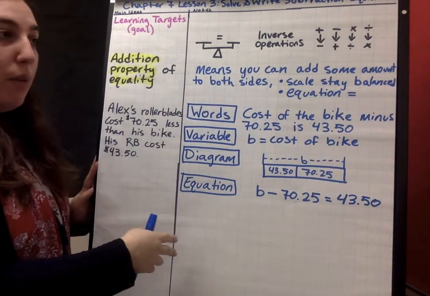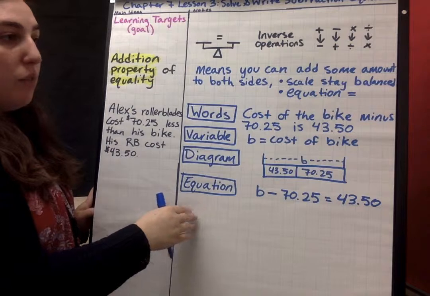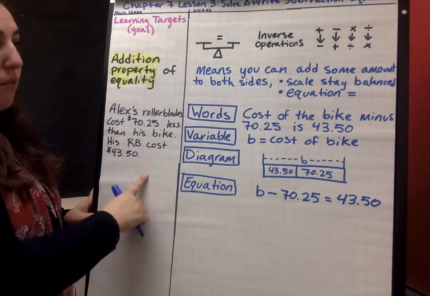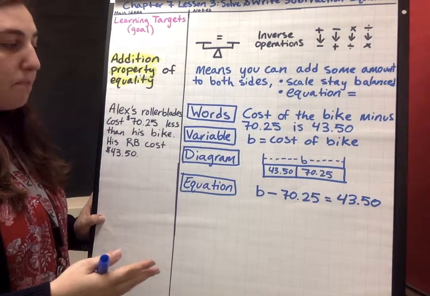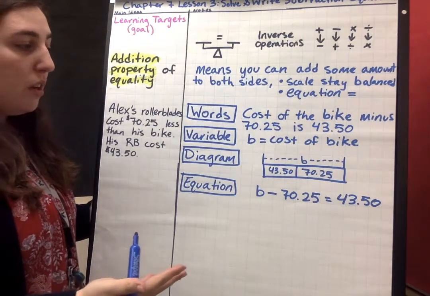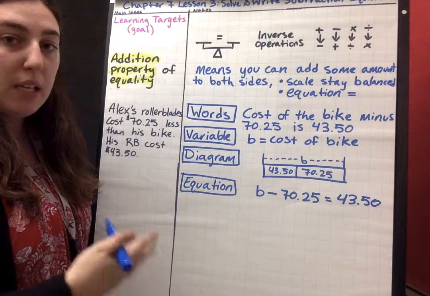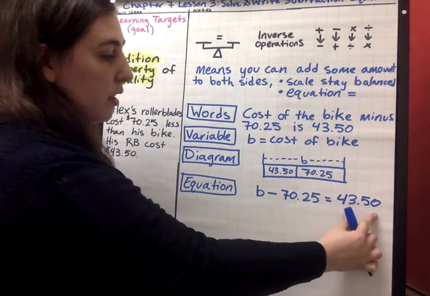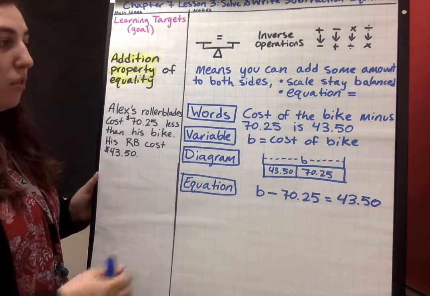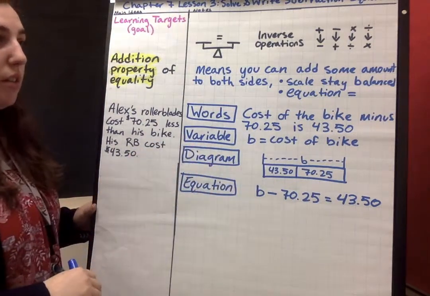I can write an equation when solving real-world problems by using variables and expressions, okay? An equation is two expressions being equal to each other. Well, we have an expression here equal to this expression here. So that's one of our learning targets.